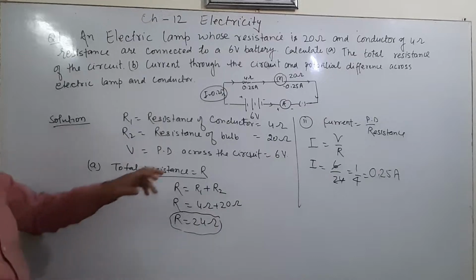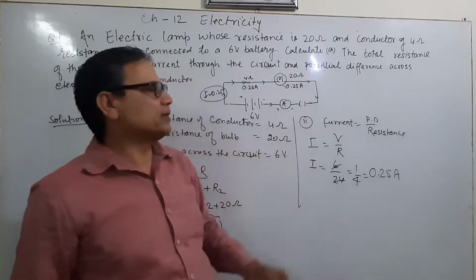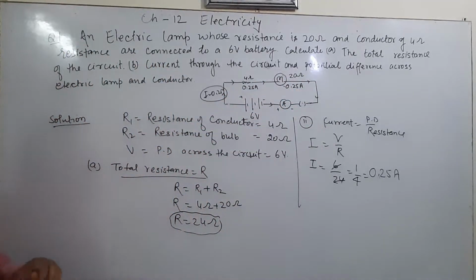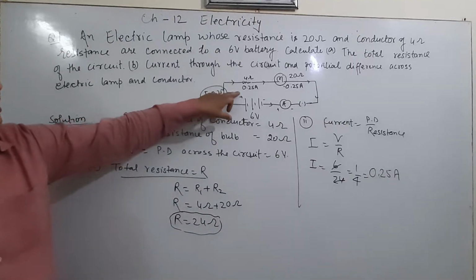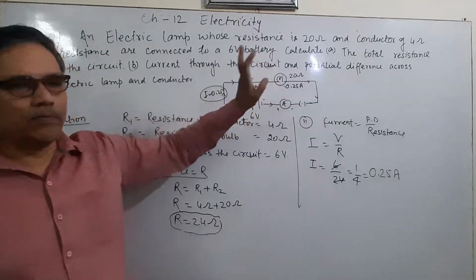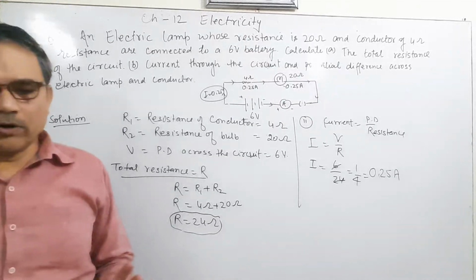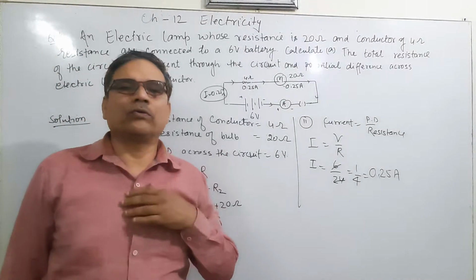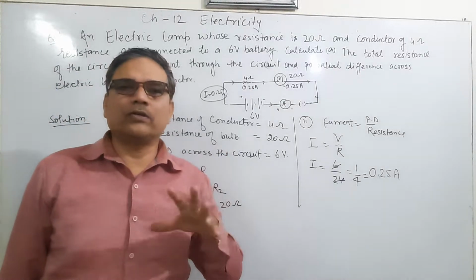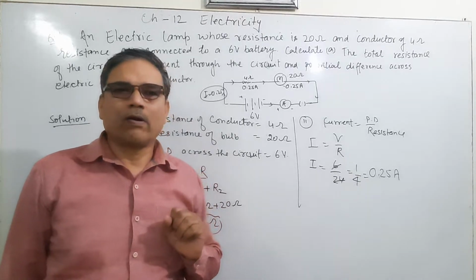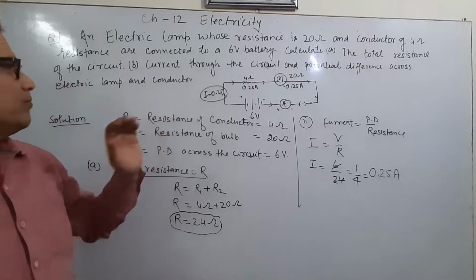And now, what is the other part? We have to find the potential difference across the conductor and across the bulb. According to Ohm's law, the potential difference V is equal to IR. Then we apply the formula.